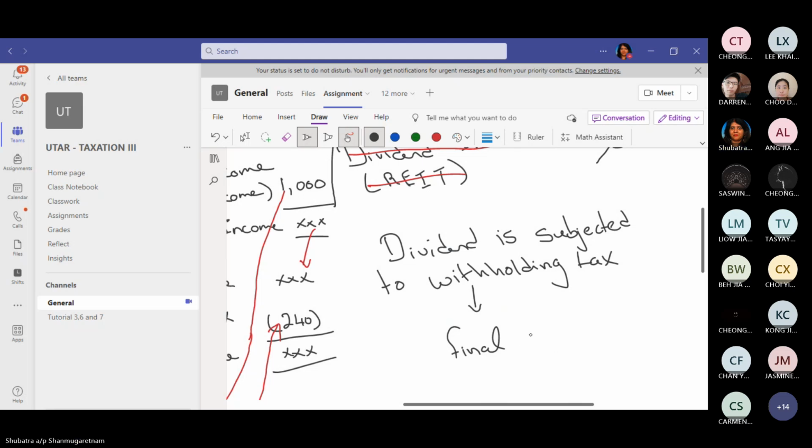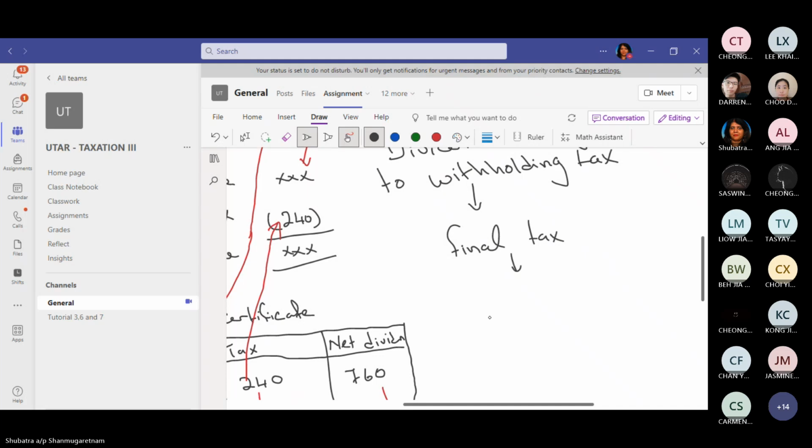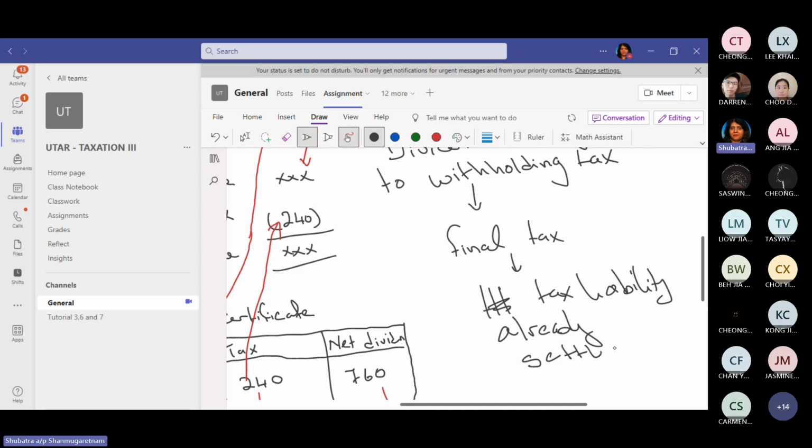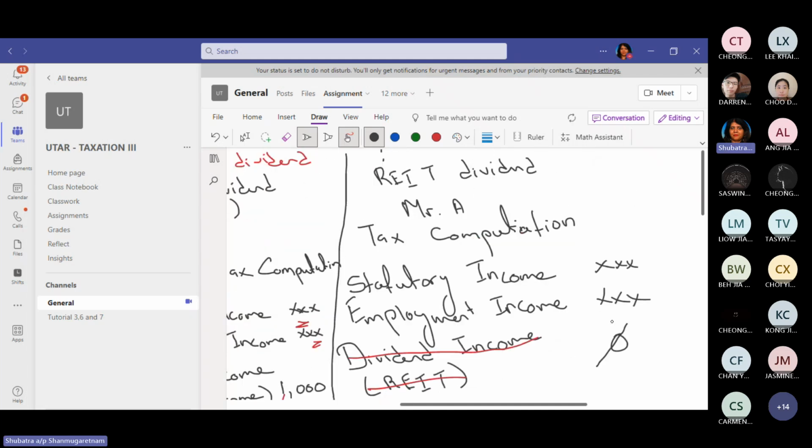Understand or not? The tax liability is already settled.